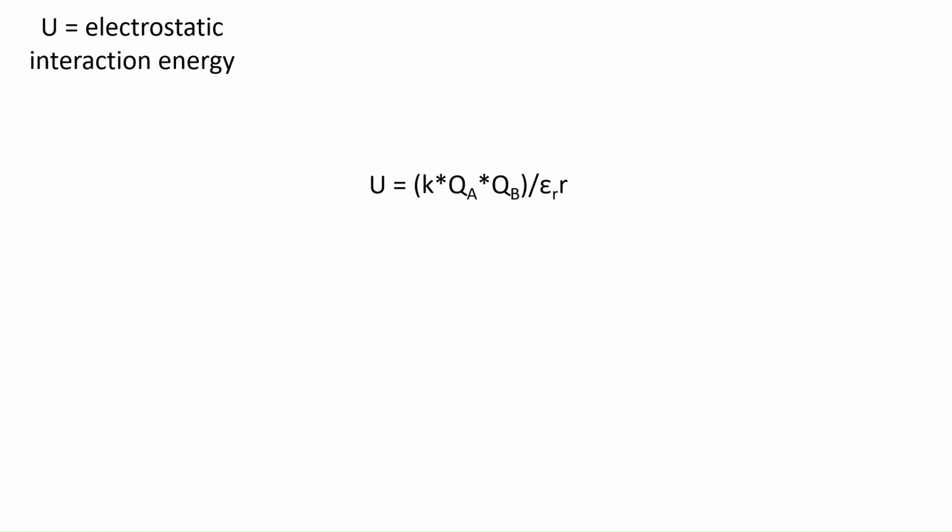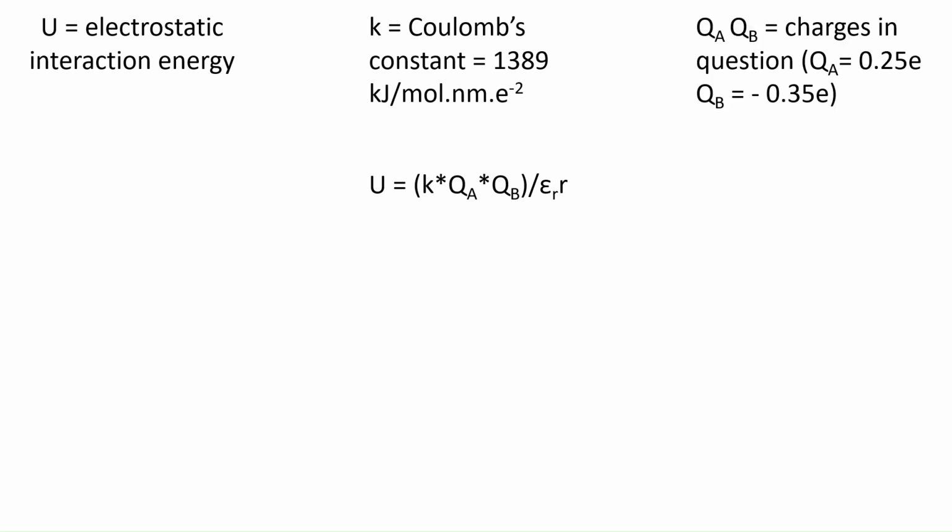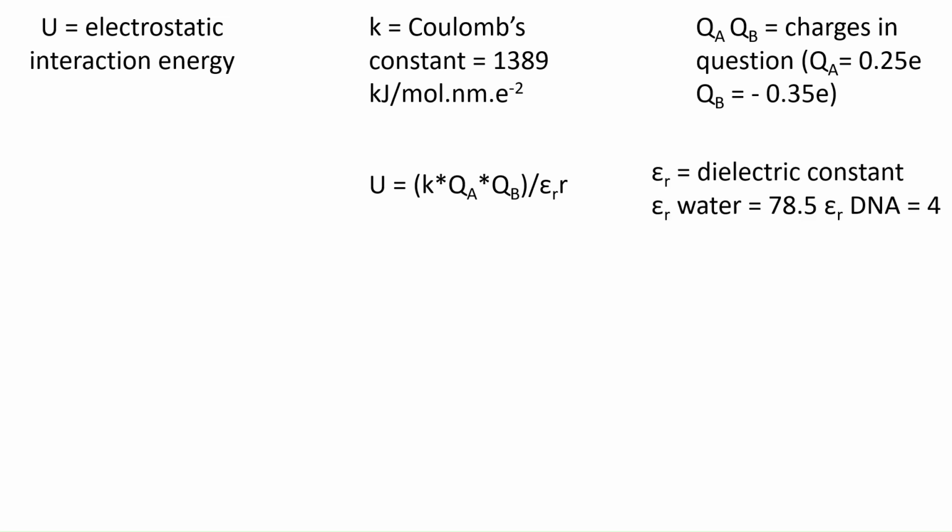Now, this is the equation for the electrostatic interaction energy, where U is the energy, K is the Coulomb's constant, which is mentioned in the question. QA and QB are the charges for which we need to calculate the interaction energy. The charges in our case are 0.25 electron and negative 0.35 electron.